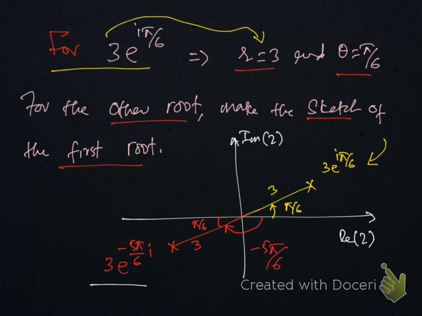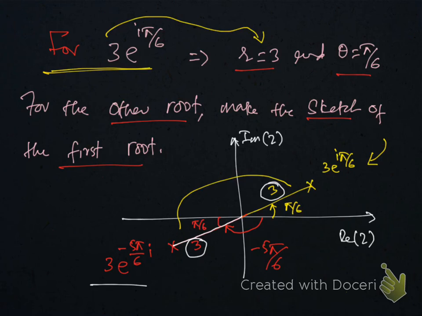That means the second root must be here. You just need to extend this line in the opposite quadrant of the same length. Since the modulus of this line is 3, the modulus of this must be 3. Since modulus is positive, you need to write plus 3.